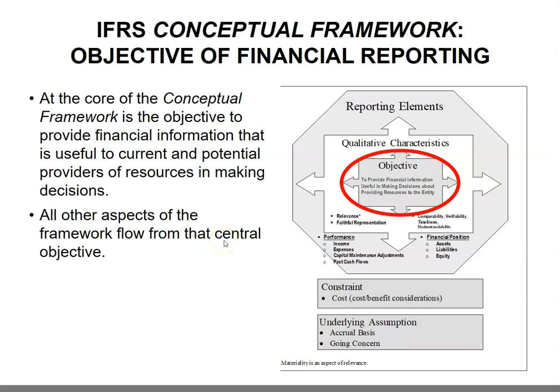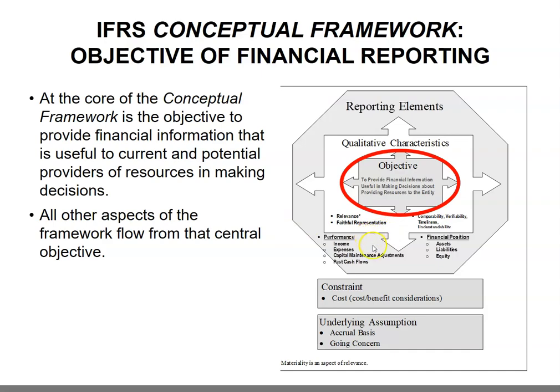These providers include investors, lenders, and other creditors. The purpose of providing financial information to these users is to be useful in their decision making to provide resources to the reporting entity. The information needs of these decision makers may vary and may be unique.